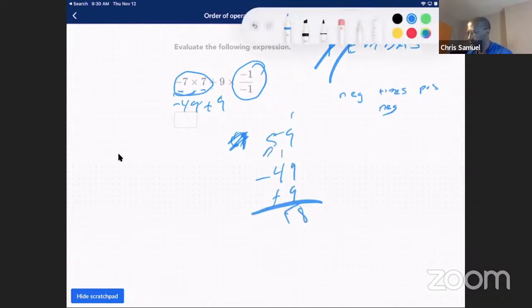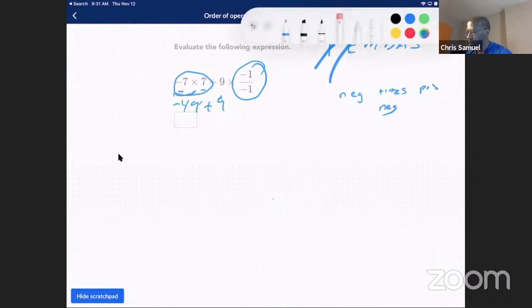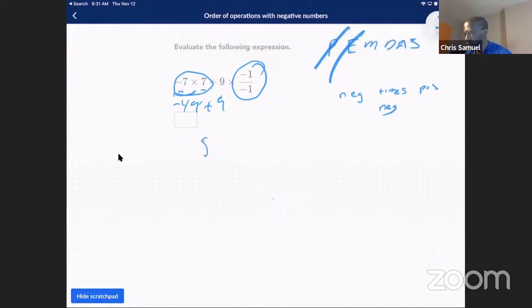Okay. Oh, wait. -49 plus 9 would actually go down, so we would end up with -40. So we're not doing that. We do the -40, we get to the 8.